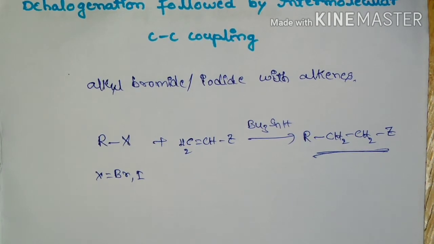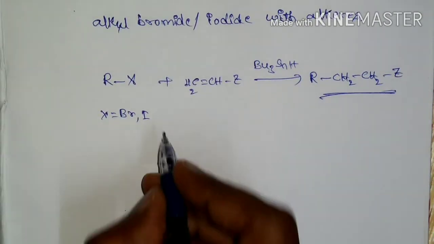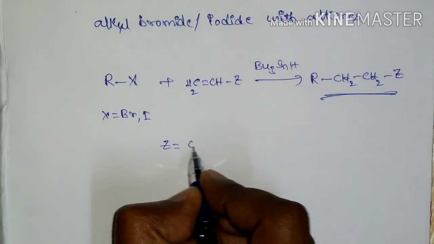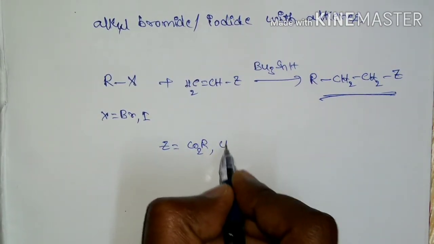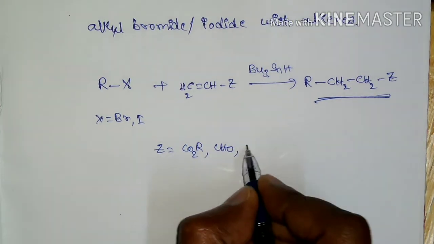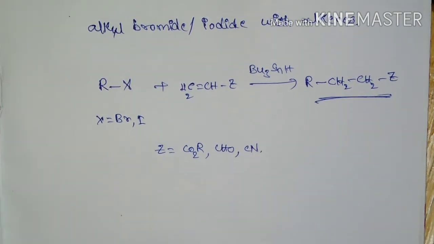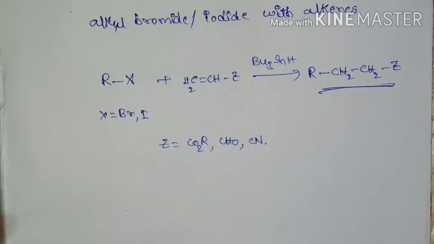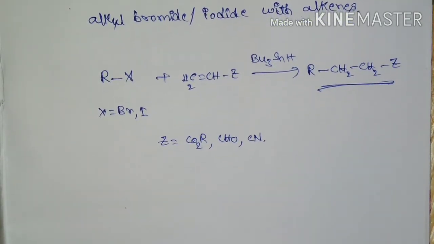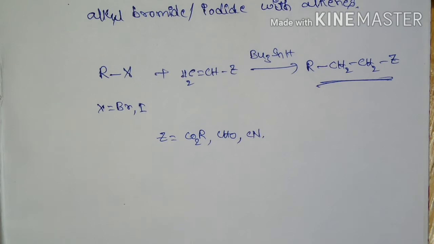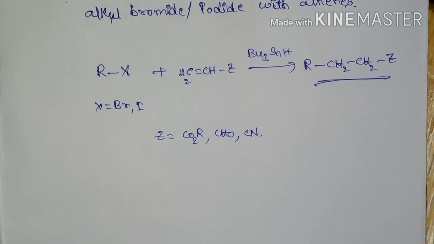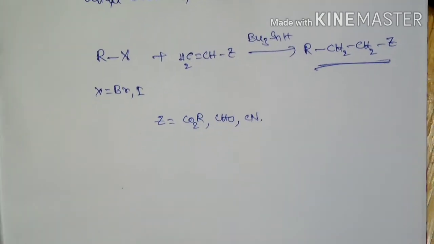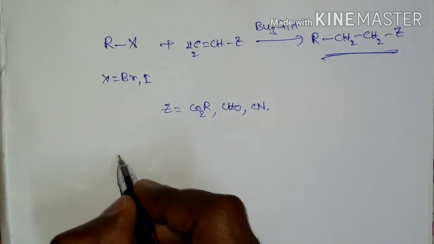So if you see the mechanism, how it is going to take place, here Z may be COR, CHO, CN, etc. Okay, and this alkene may be terminal or internal. So if we consider the mechanism, the first step will be initiation.